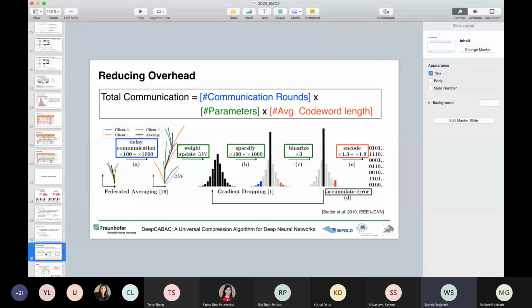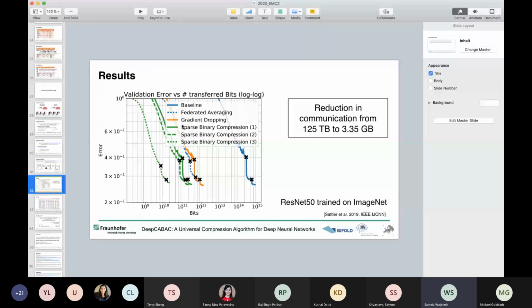Yeah, and we did this and compared, for example, to gradient dropping or federated averaging, and can see that we are almost two orders of magnitude better than these techniques. And compared to the naive baseline, we are way better.